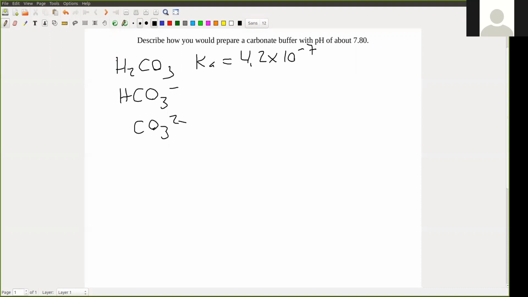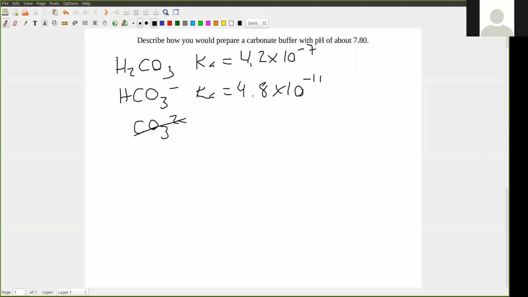That looks like a pretty good candidate. But let's take a look at one more. The acid dissociation constant for HCO3 minus would be Ka equal to 4.8 times 10 to the minus 11. We don't even have to worry about this last one.